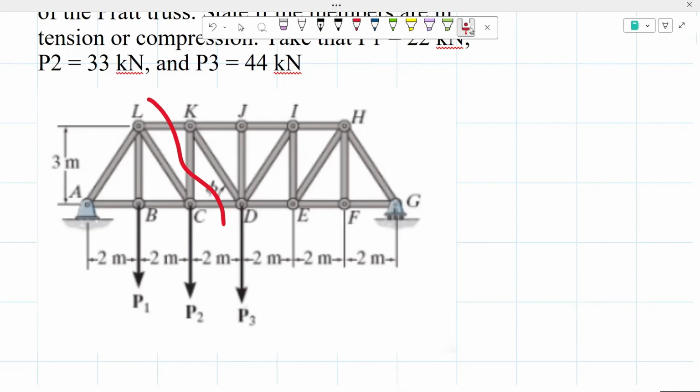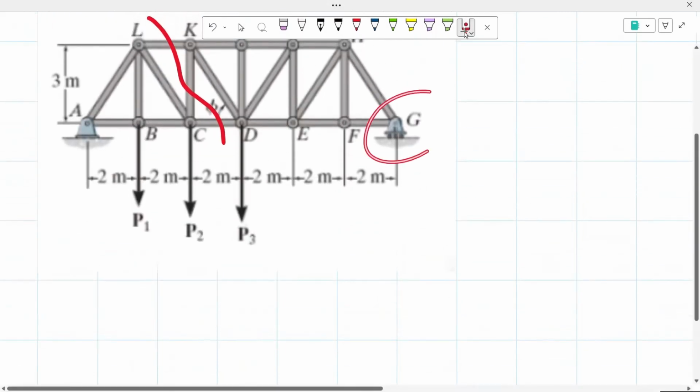So after determining the cut and then determining which side you're going to work with, the next step would be determining the value of our reaction.